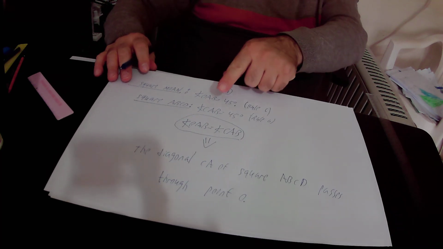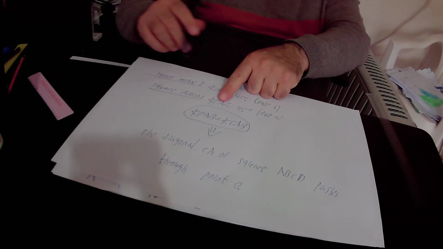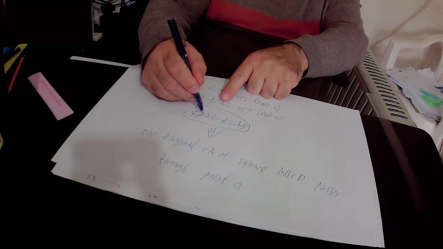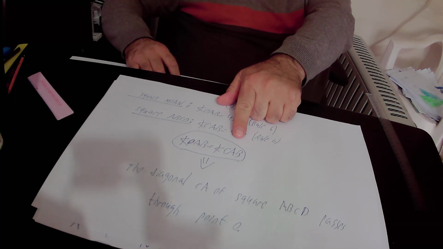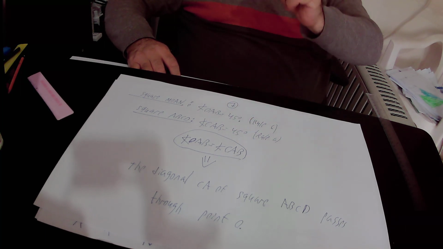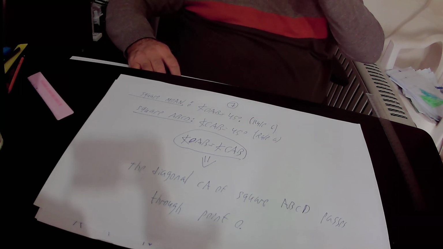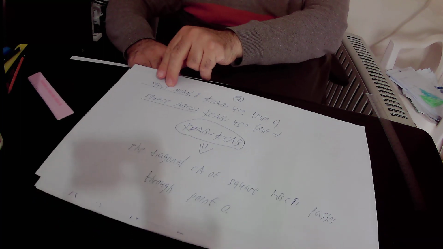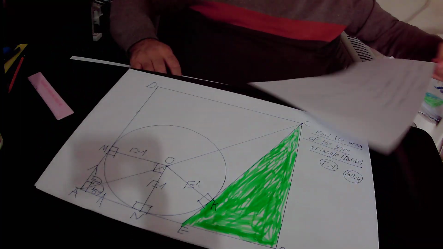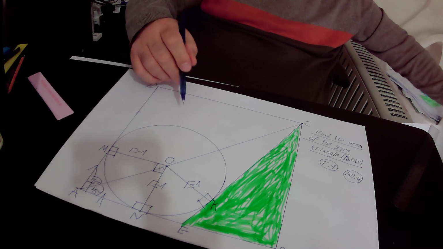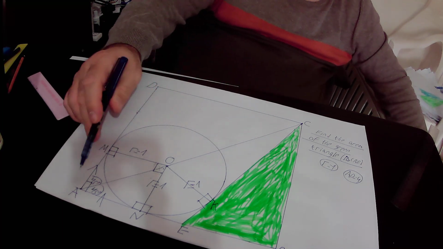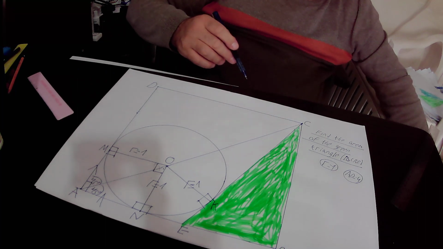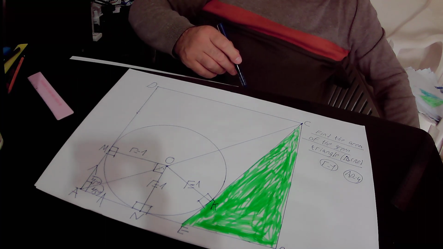Because angle OAB equals angle CAB, we conclude that the diagonal CA of square ABCD passes through point O. Okay? Otherwise, the angle CAB will not be equal to angle OAB. Okay?